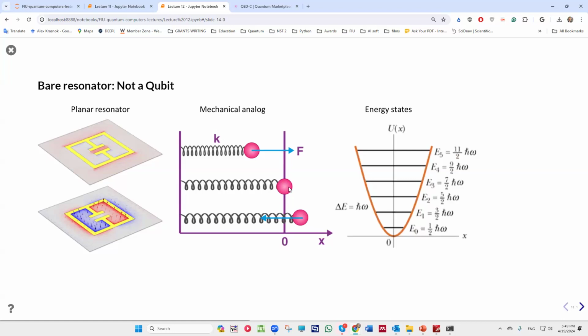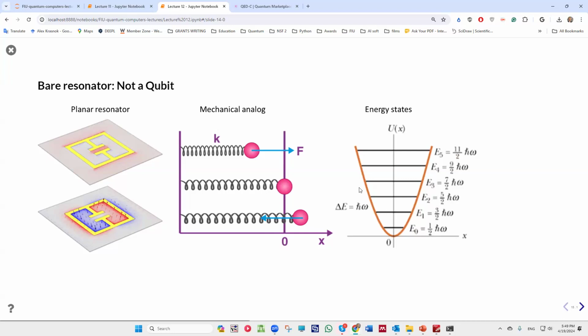So quantum physics, quantum field theory, and quantum computing as well are very much based on this simple mechanical analog, the concept of a pendulum, or the oscillator.